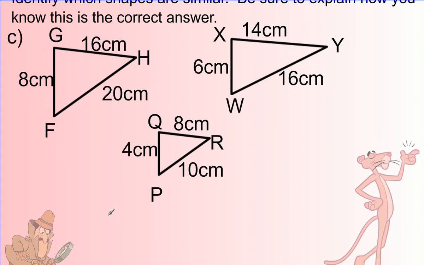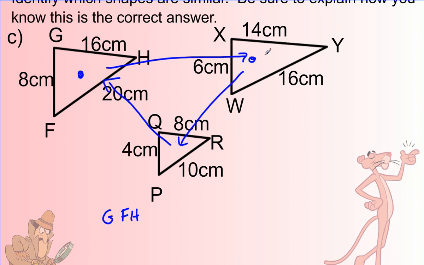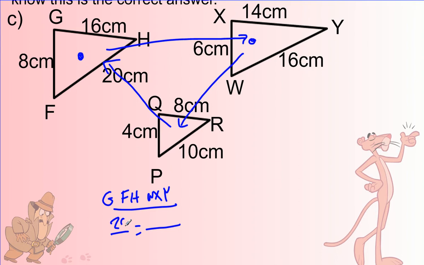So, let's start with GFH. I'm going to compare him and him. I'm just going to kind of go this way, and that way. So GFH and XWXY. So again, you can pick any two random sides from the first triangle. So I'm going to pick 20 from here and 16 from here.